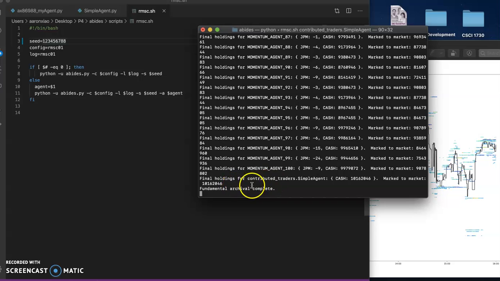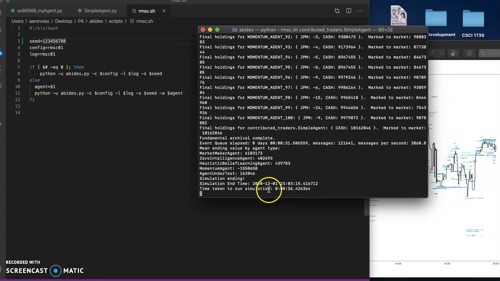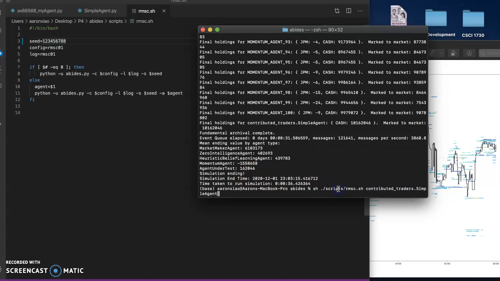So the overall amount made by the simple agent was around 1,620.